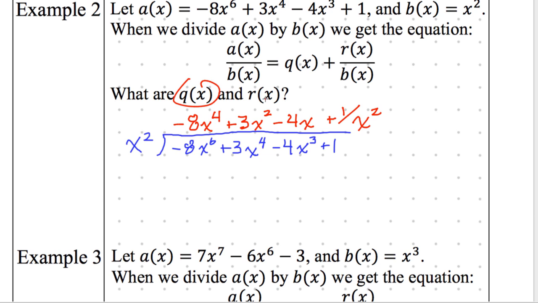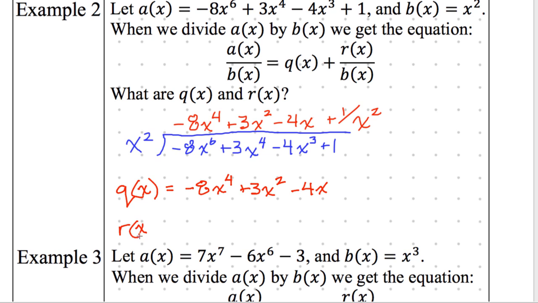In order to get q of x and r of x, I'm just saying that q of x is equal to all that left-hand side. Q of x is equal to negative 8x to the 4th plus 3x squared minus 4x. And then my r of x is equal to 1. I don't have to worry about the x squared because that is technically b of x.